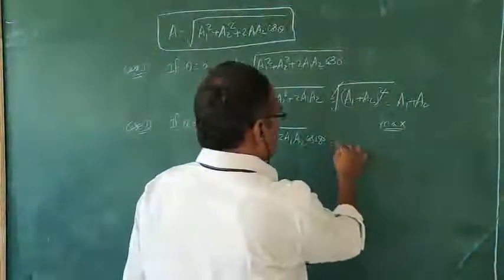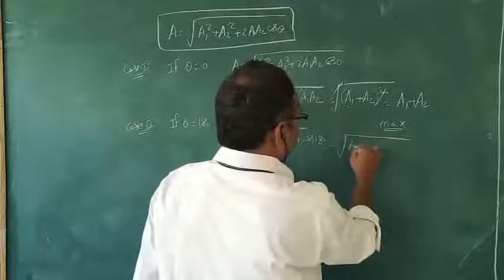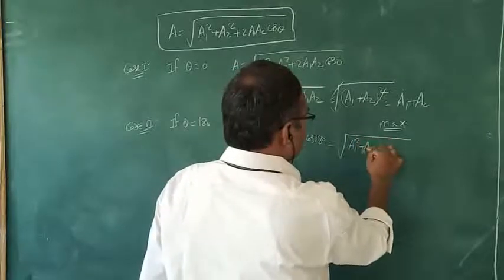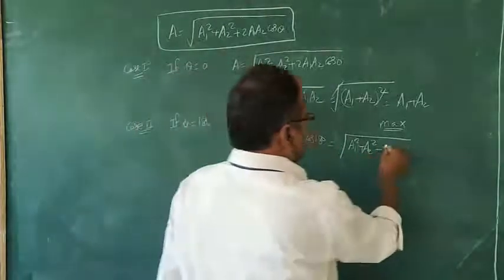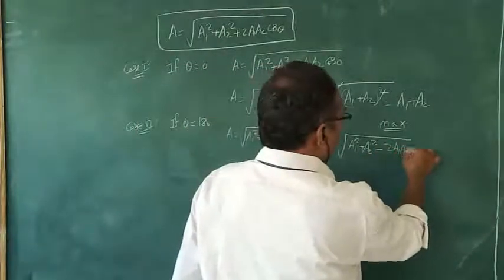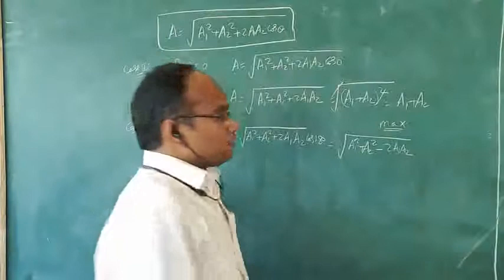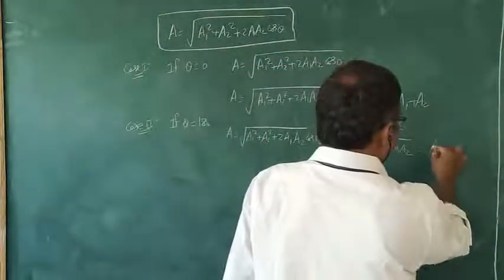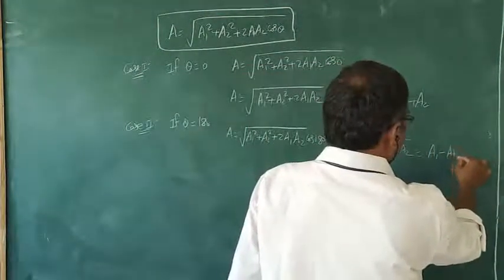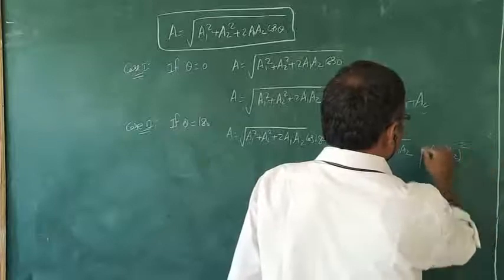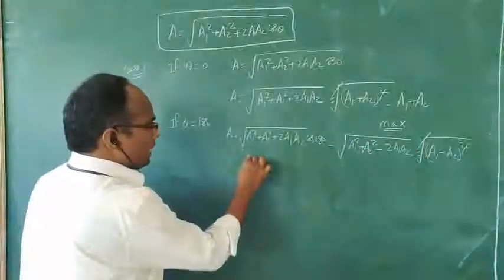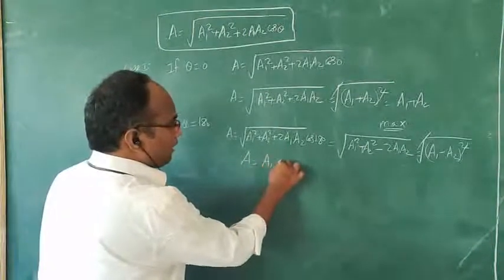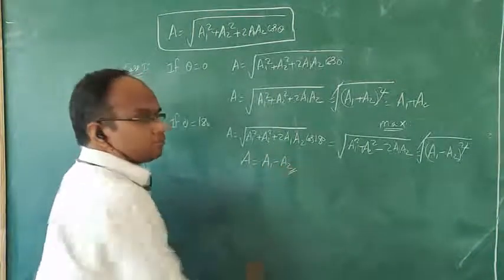So what is the value? Root of A1 square plus A2 square, cos 180 is minus 1, so minus 2A1A2. From here, we write it as root of A1 minus A2 whole square. Square root cancels. So A is equal to A1 minus A2.